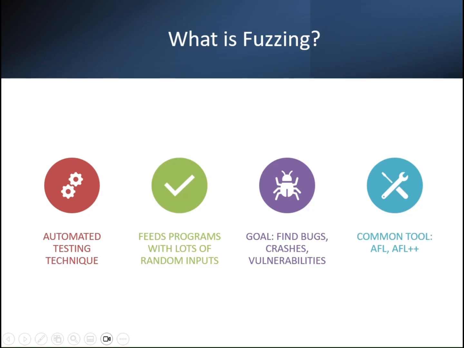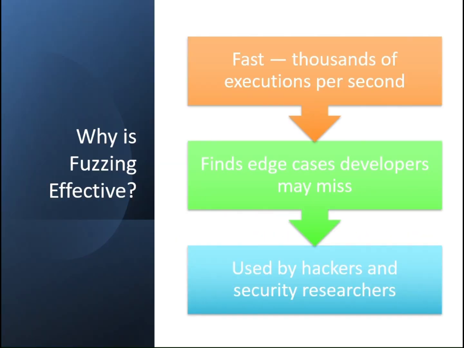anticipate. In recent years, fuzzing has been used by major companies and security teams. For example, Google's Project Zero and open source efforts like OSS-Fuzz, which were used to find and fix vulnerabilities before attackers exploit them.